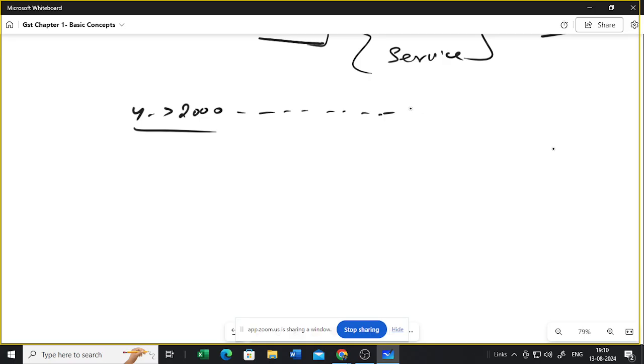Finally, we got the GST Act, GST law. 2016 it was approved, and from July 2017, the GST has been started. From that date the new law has been implemented all over India. Clear or not? All over India.